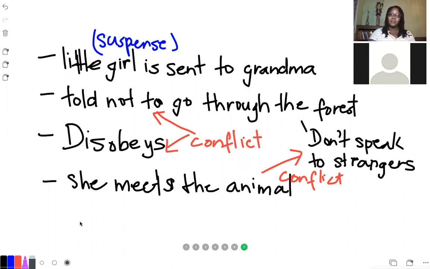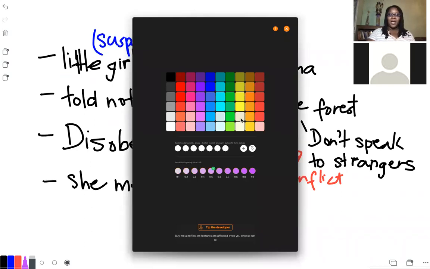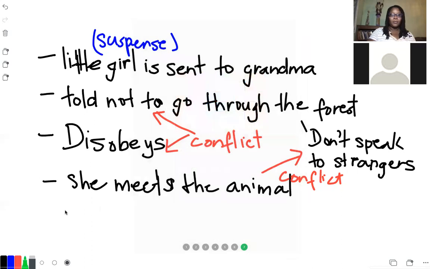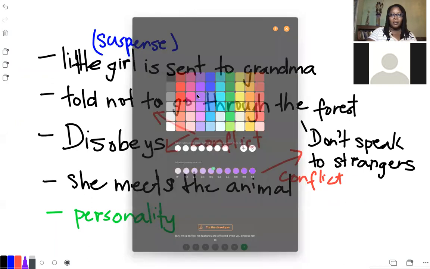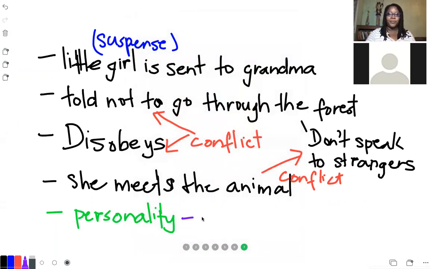No, let me pause right here. We are now learning about the little girl. We are now seeing something about her personality. I'm going to change this color. Yes, let's make it a nice purple. And we see that she is disobedient.